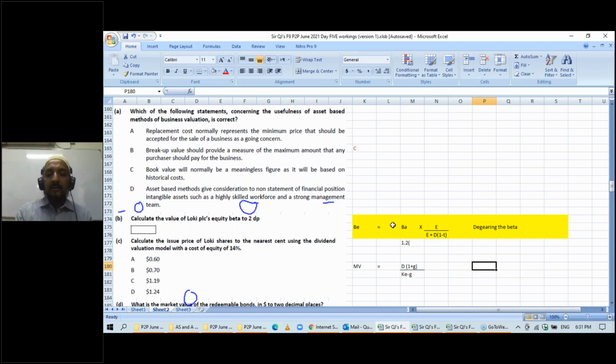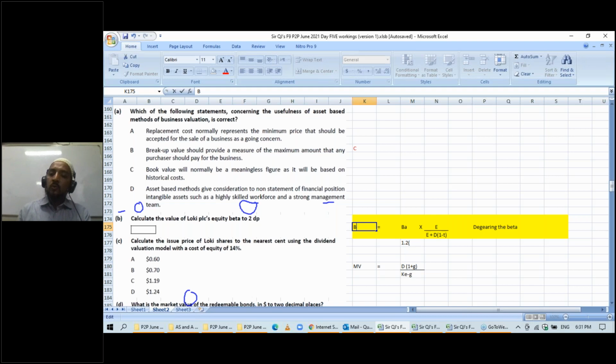The Loki company is fully equity financed. Listen to me carefully. The Loki company is fully equity financed. It is ungeared, right? And the Q company is the proxy company, which is geared. Now you need to calculate the cost of equity of Loki company, which is ungeared.